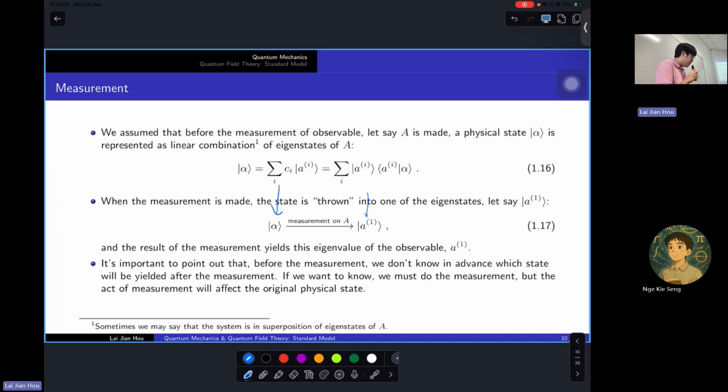In that sense, this gives us the result of a measurement as the eigenvalue. The eigenvalue is our result of the measurement of observable A.